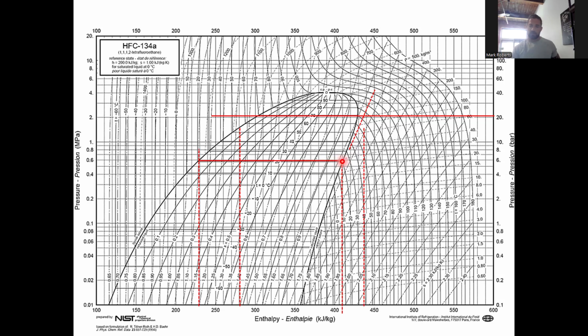I went through that a little quickly, but that gives an idea of how to use these pressure enthalpy diagrams to treat things like the Rankine process for electricity generation, or to do the reverse, which is put work in to move heat from cold to hot.